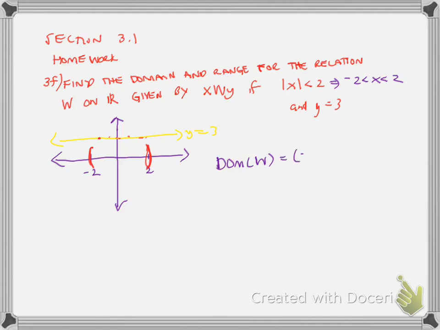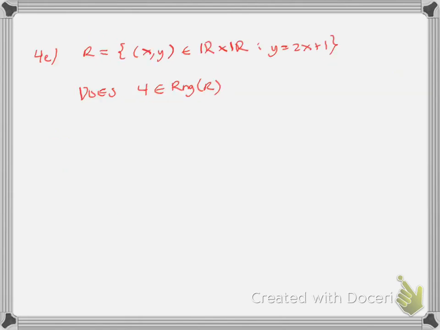It's in interval notation because we're talking about the real numbers. And then what about the range? If you want, you can pause the video and try it yourself. But you should know it's the set containing 3. We need to write that in set notation because it's just one distinct number.